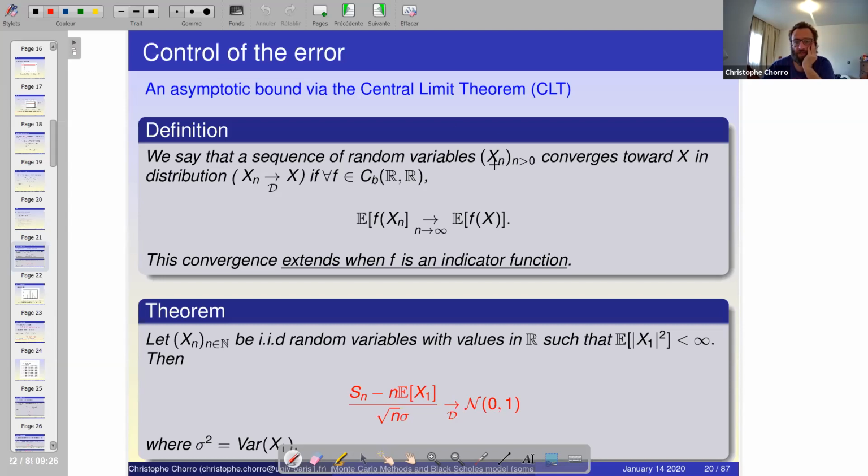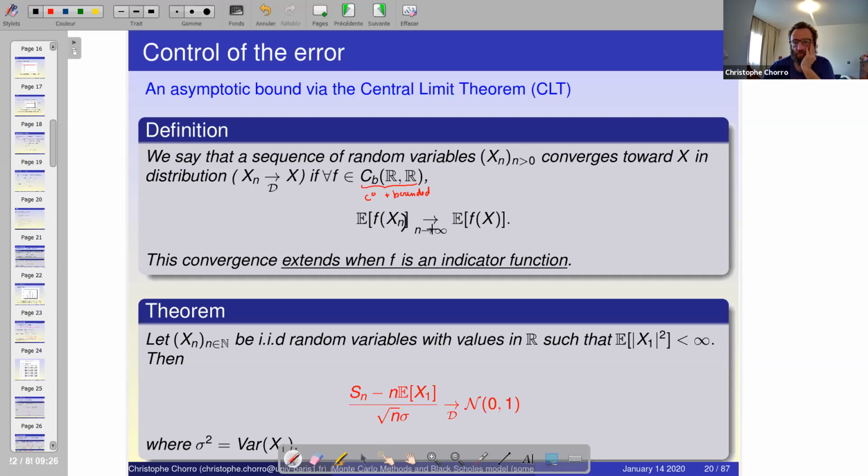We say that a sequence Xn converges toward capital X in distribution, and I will use this notation later on, if for all mappings f from R into R that are continuous and bounded, CB meaning continuous plus bounded, then the expectation of f(Xn) converges toward the expectation of f(X) when n goes to plus infinity.